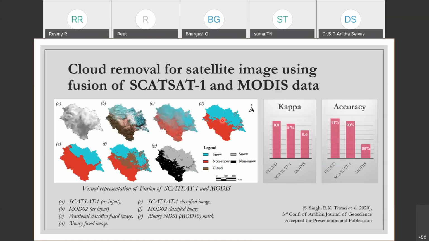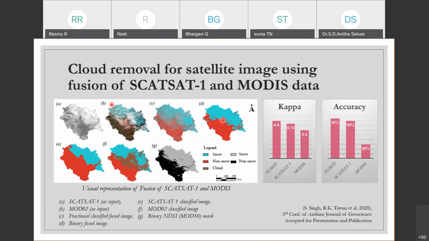D is the binary fused image. Means we used it to classify two features, snow and non-snow region. And F is the MODIS classified image.